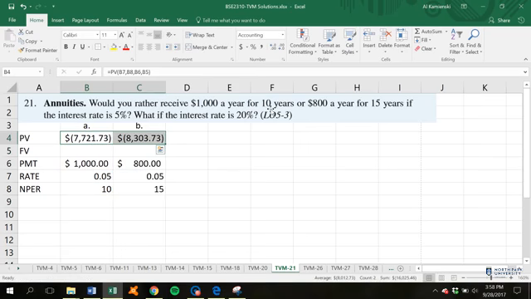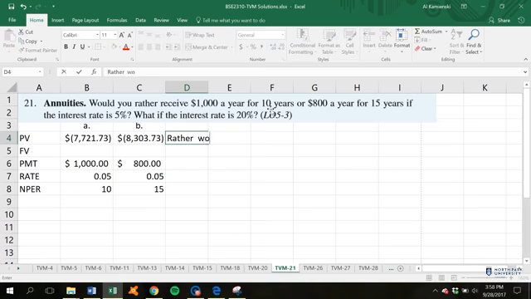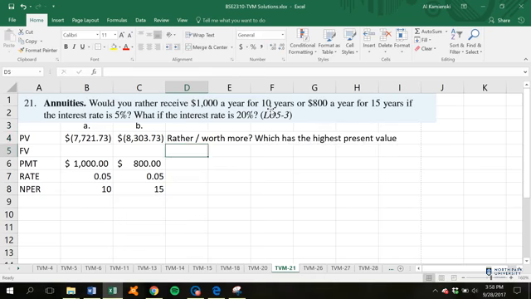Now, this is where it becomes a little bit tricky. And so when we ask the question of rather or worth, what we're really asking is which has the highest present value. And in this particular case, again, because we have a negative coming up as our present value, it makes it look a little bit goofy.